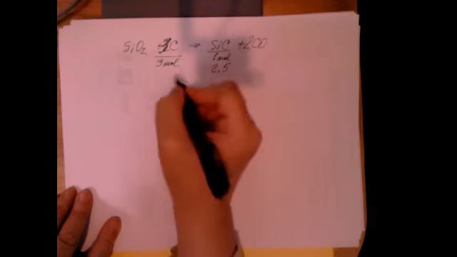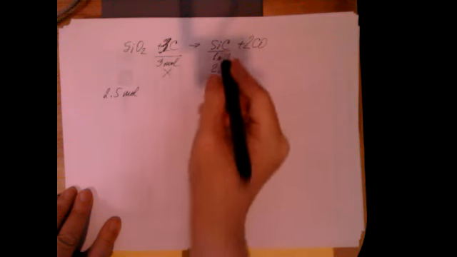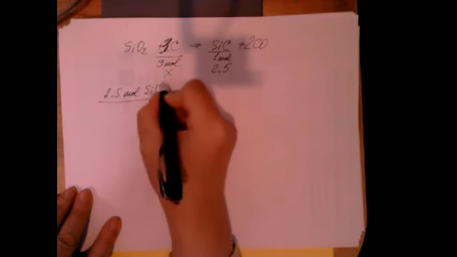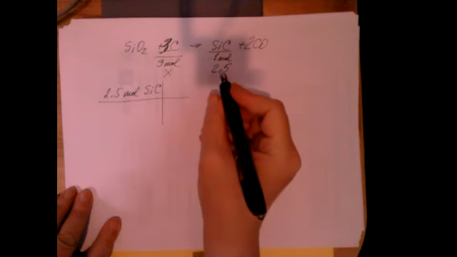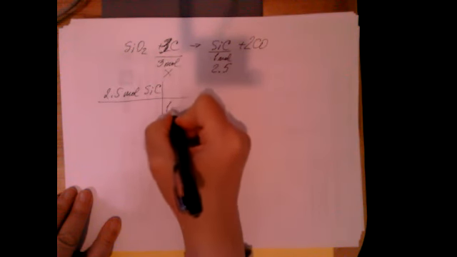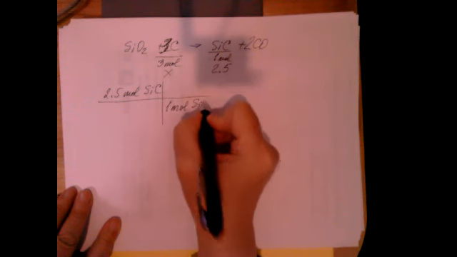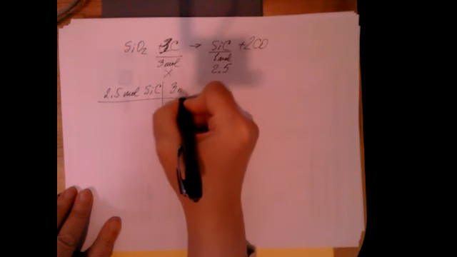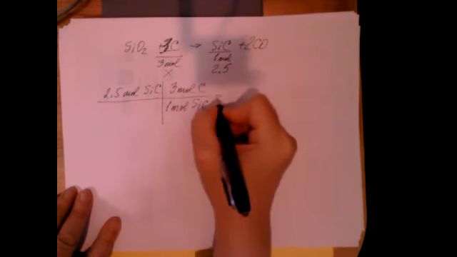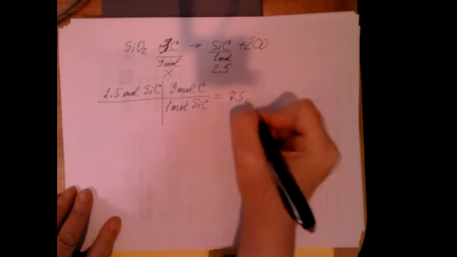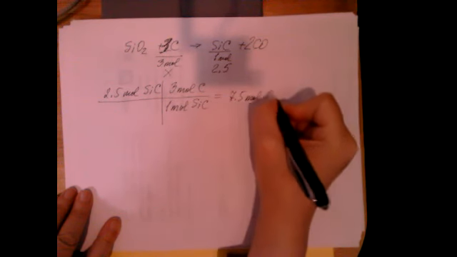When we have 2.5, we need X. So 2.5 moles of silicon carbide we have, and we know that to form 1 mole, we need 3 moles of carbon. So it's going to be 7.5 moles of carbon.